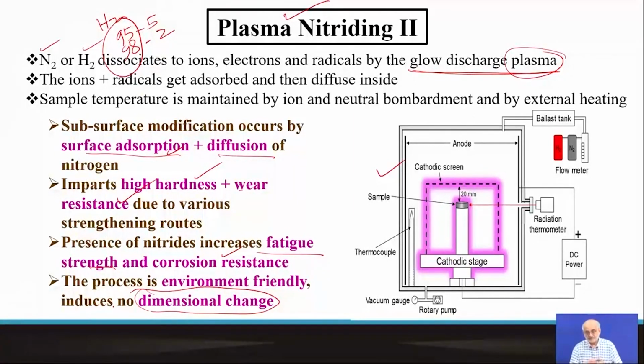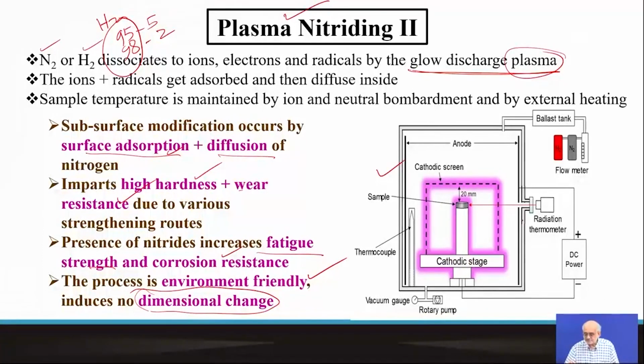There's not much large-scale overheating and contraction due to cooling. There's practically no thermal shock, because temperature rise and decrease is controlled, and the process is very environment friendly. There are no toxic or objectionable gases like ammonia. We are dealing with a benign nitrogen-hydrogen mixture.